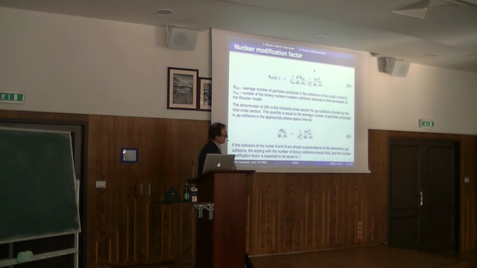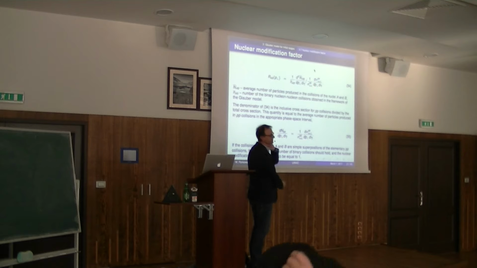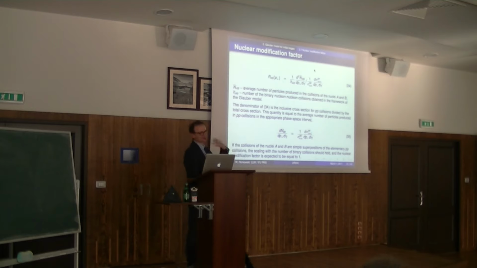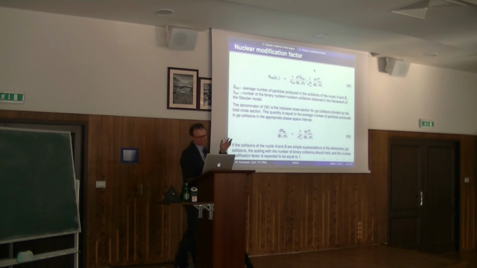If you do this integral using the idea that they form a complete set of states, then you see that this inclusive cross-section is proportional to the number of produced particles, and the coefficient is the total production cross-section. So the inclusive cross-section divided by the total cross-section is just the particle density. I tell you this from my own experience: it cost me some time to realize it. Maybe it's obvious.